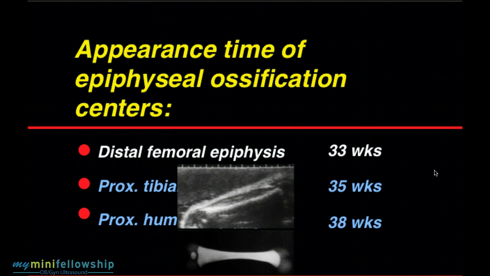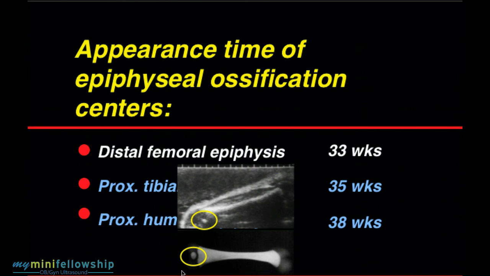So we are talking about seeing the distal femoral epiphyseal ossification center, which is the secondary ossification center of the fetal femur. This is the primary ossification center, the secondary ossification center. So if I see a distal femoral epiphysis, I assume that the fetus is most likely 33 weeks or more. Now, that I can then compare to my measurements to see if that makes sense.